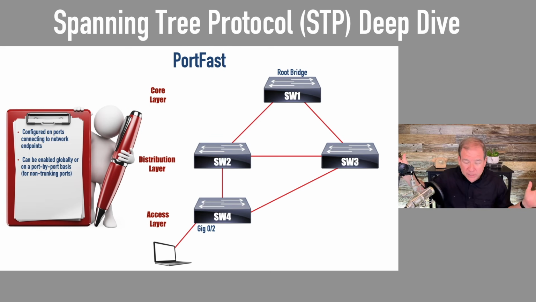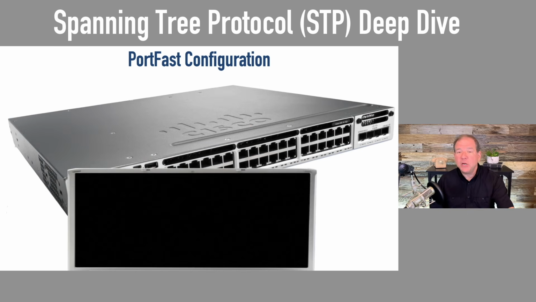Now, there are exceptions, so don't do it globally if you have that exception. But in general, when we're interconnecting switches, we're going to be sending traffic from multiple VLANs across that connection. So we want that to be a trunk connection. So if you enable this globally, it's going to turn on PortFast for every port that's not trunking. Every active port that's not trunking, it assumes, oh, they must be connected to end stations. So you can do it on a port by port basis, or you can do it globally, and it's going to make that station go active almost immediately.